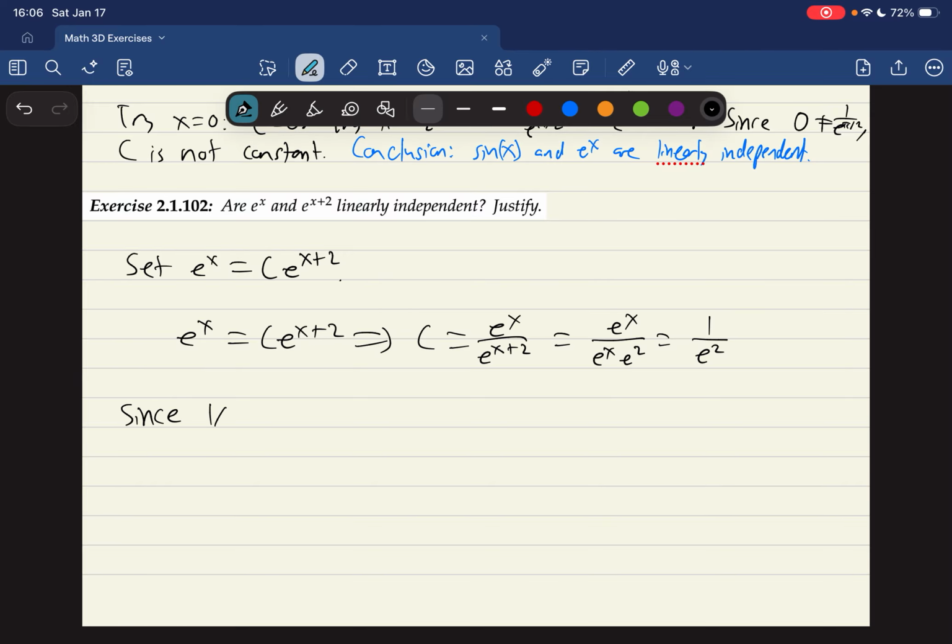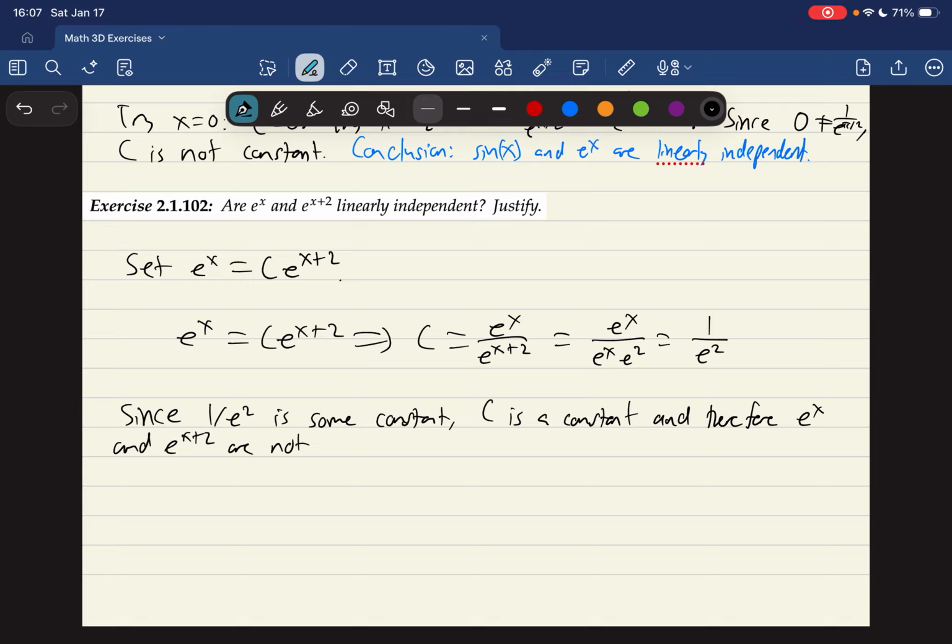So since 1 over e squared is some constant, c is a constant function, or even more simply, c is a constant, and therefore, in this case, our functions are linearly dependent. e to the x and e to the x plus 2 are not linearly independent.